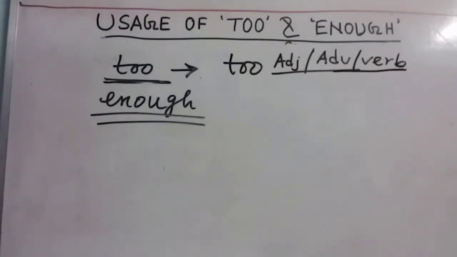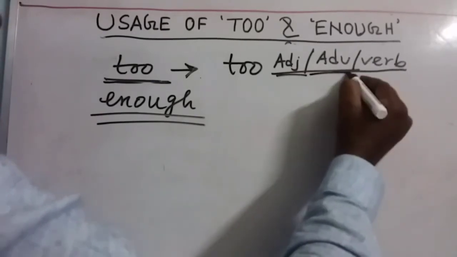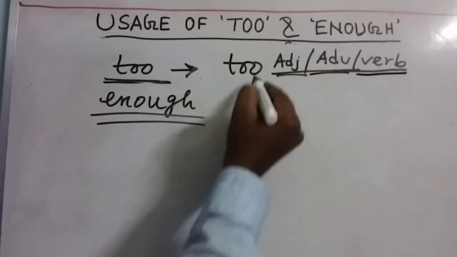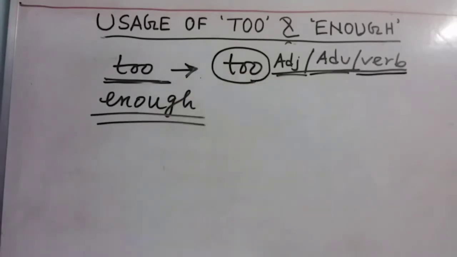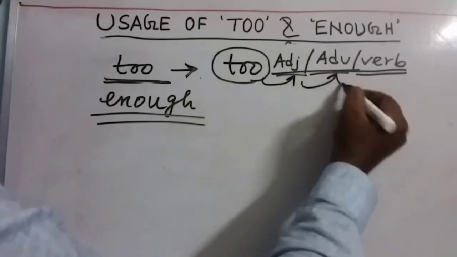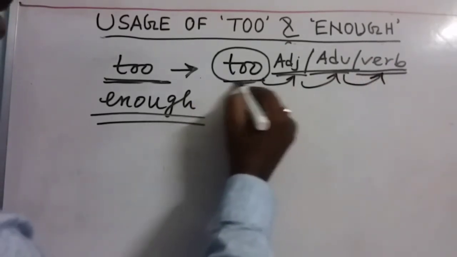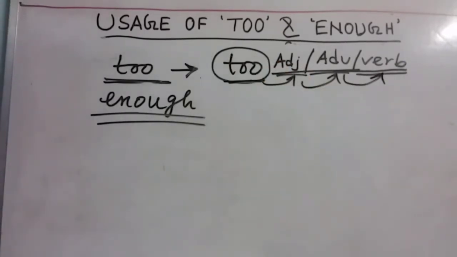"Too" is placed before the adjective or before the adverb or before the verb, because this is an adverb. An adverb must modify an adjective or an adverb or a verb. So it is placed before the adjective or adverb or even the verb.